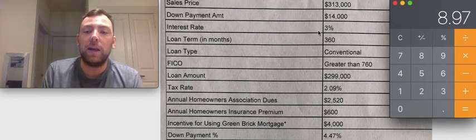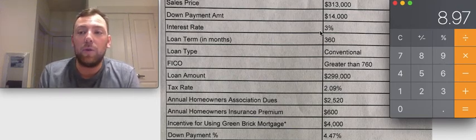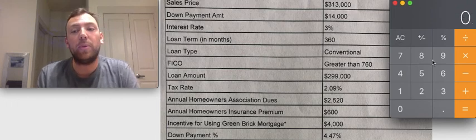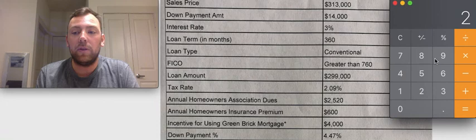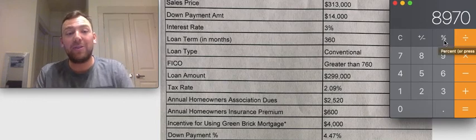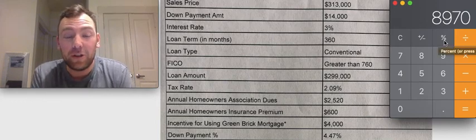This interest rate is probably one of the most important things you can negotiate in home prices because 3% really adds up in a hurry. And so let's just do this in full dollars because it's probably a little easier to see the impact. I was trying to use that for simplicity, but let's do the full impact times 0.03. There you go. It's still the same number, but $8,970 just to borrow money.